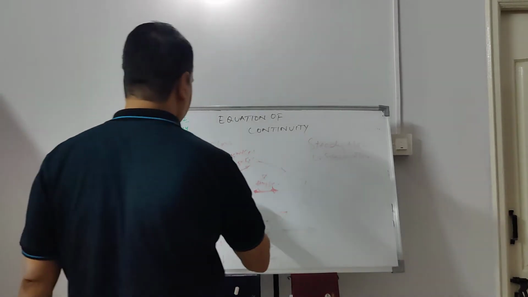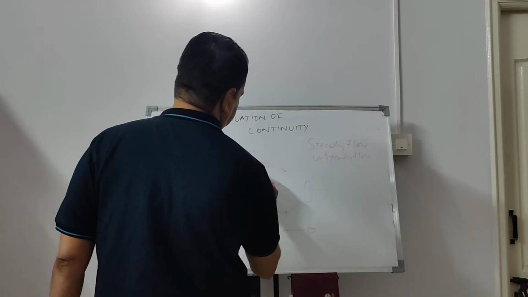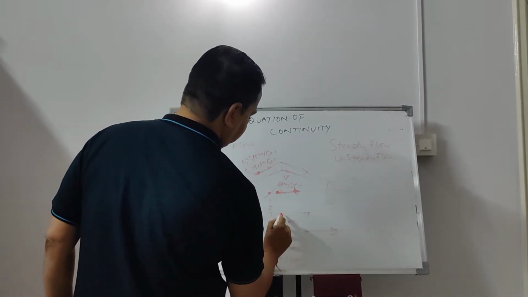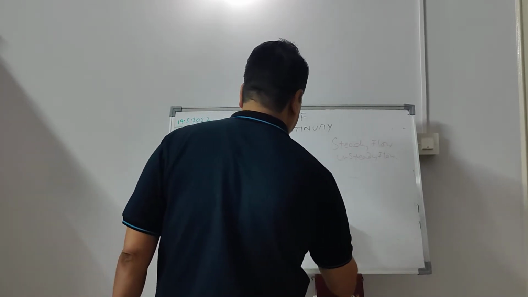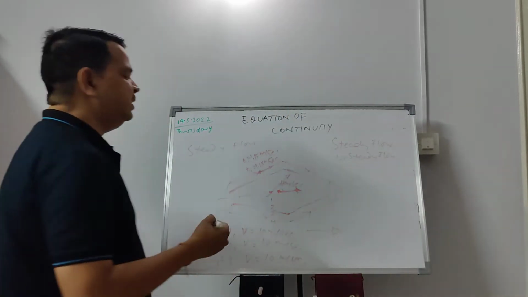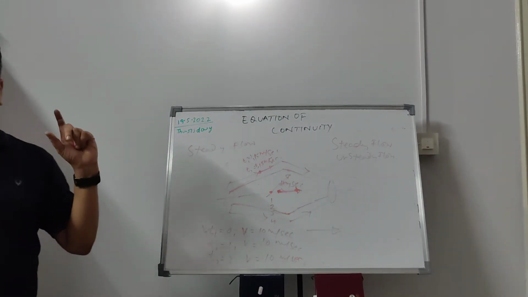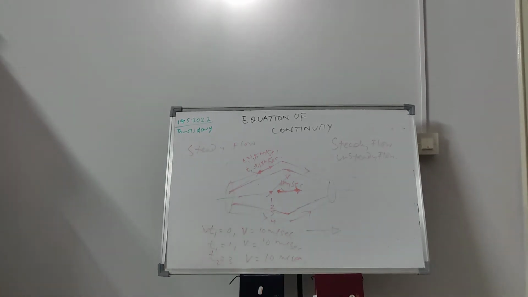It will be like this, with streamlines, and there won't be any intermixing of liquid, because with the passage of time the velocity remains constant. So if you take a snapshot at any point of time, it will look the same.